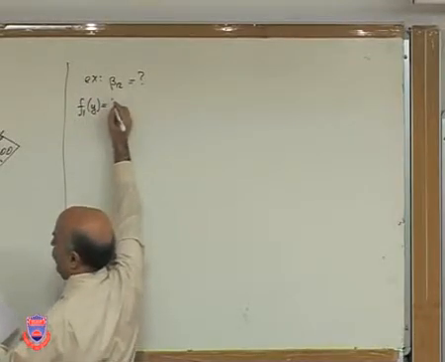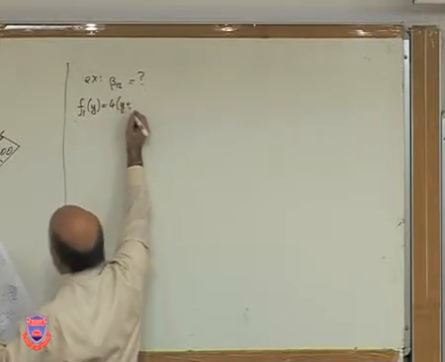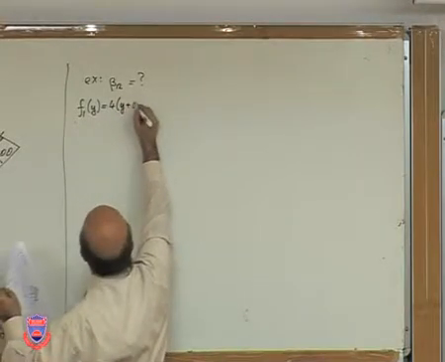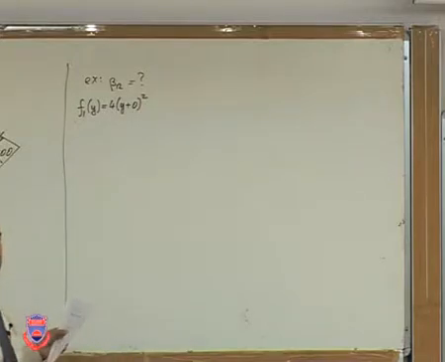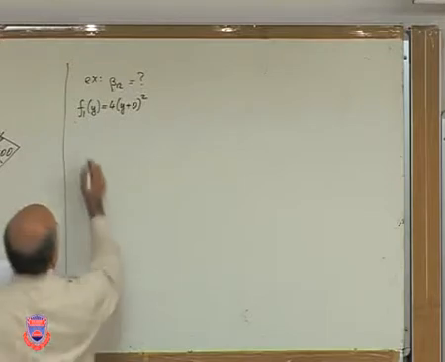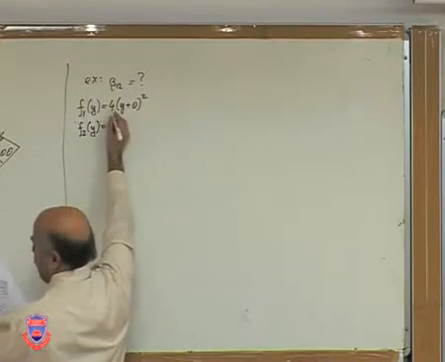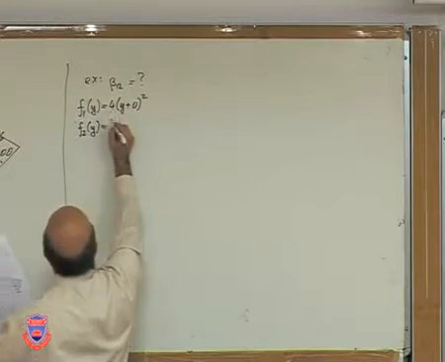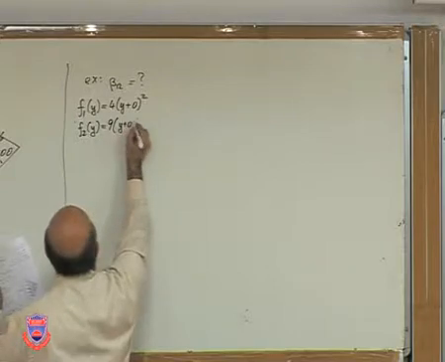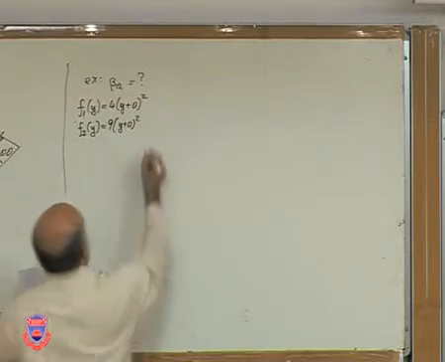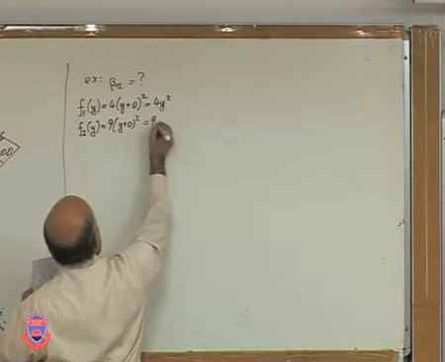In this case, W1 is 4 times y plus H1, and H1 is 0 squared. That's the definition of F1. F2 is similar. The weight is 9 times y plus 0 squared. So this one will be 4y squared, and this one will be 9y squared.